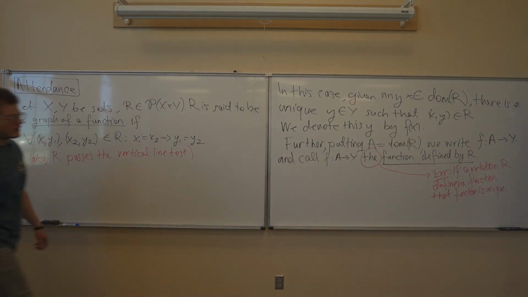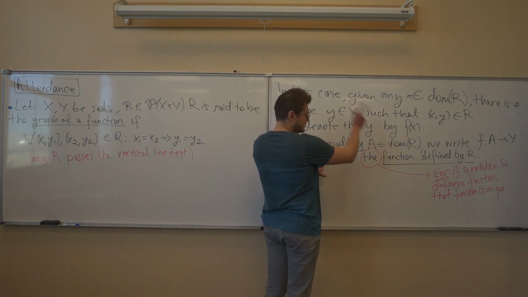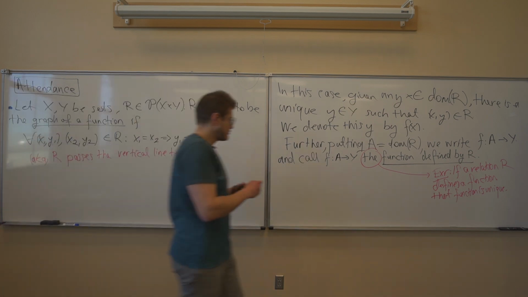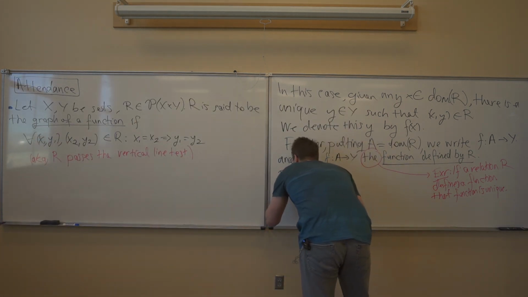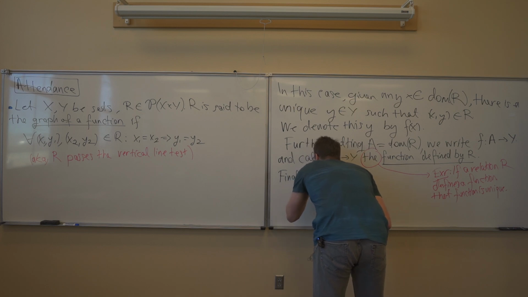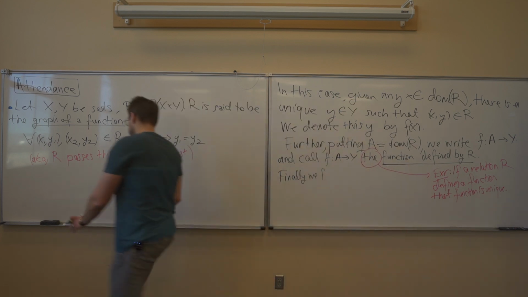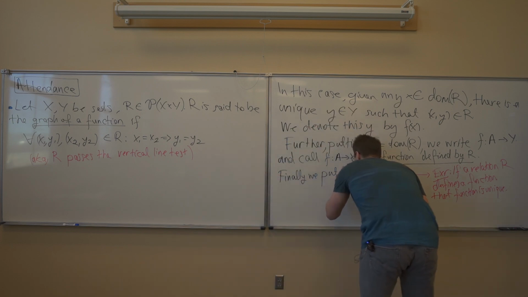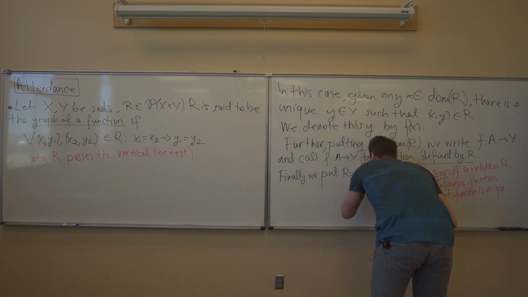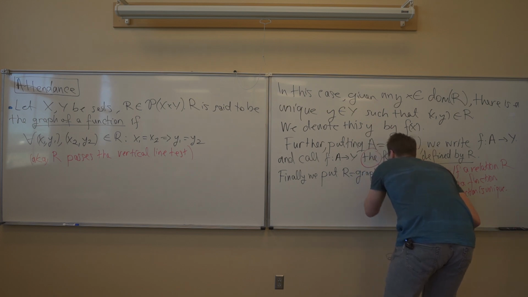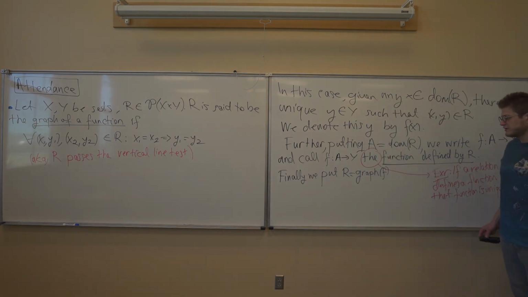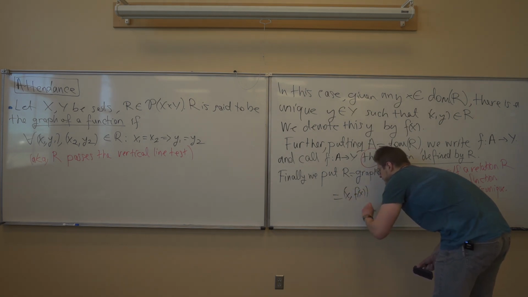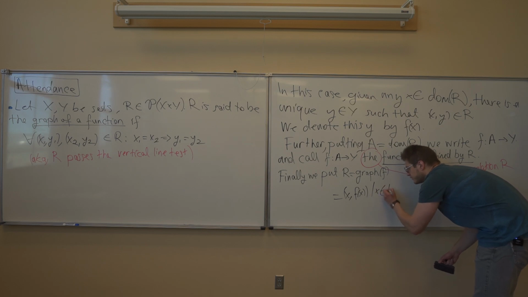And finally, to relate this notation to the relation notation, we put R equals graph of f, which is this: the set of pairs (x, f(x)) such that x comes from A.